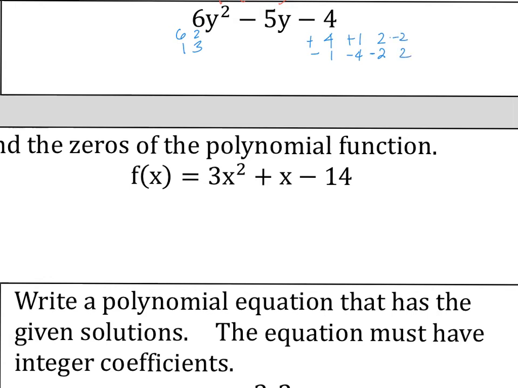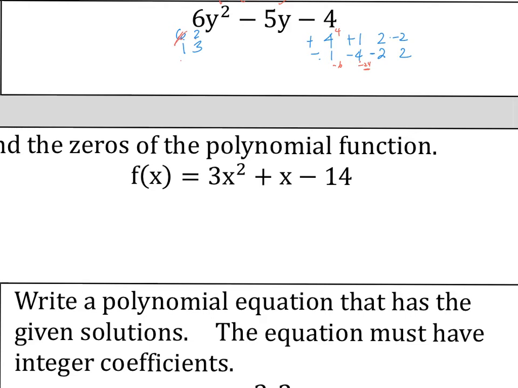So we're going to just work with some random pairs to see what works. 6 times negative 1 makes negative 6. 1 times positive 4 makes 4, and that's off. And 6 times negative 4 is negative 24. Now this is just way off. So I wouldn't use 6 for now.